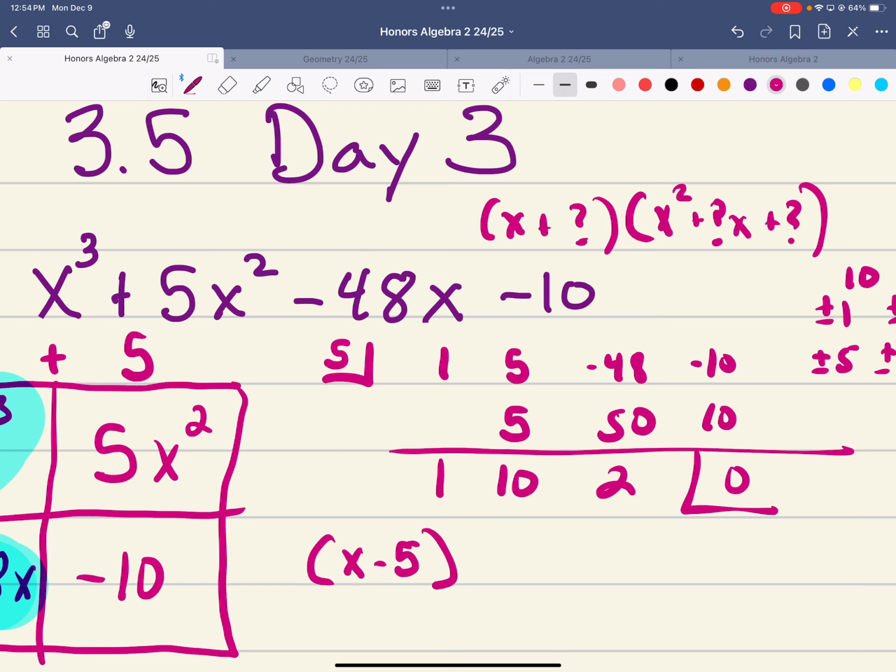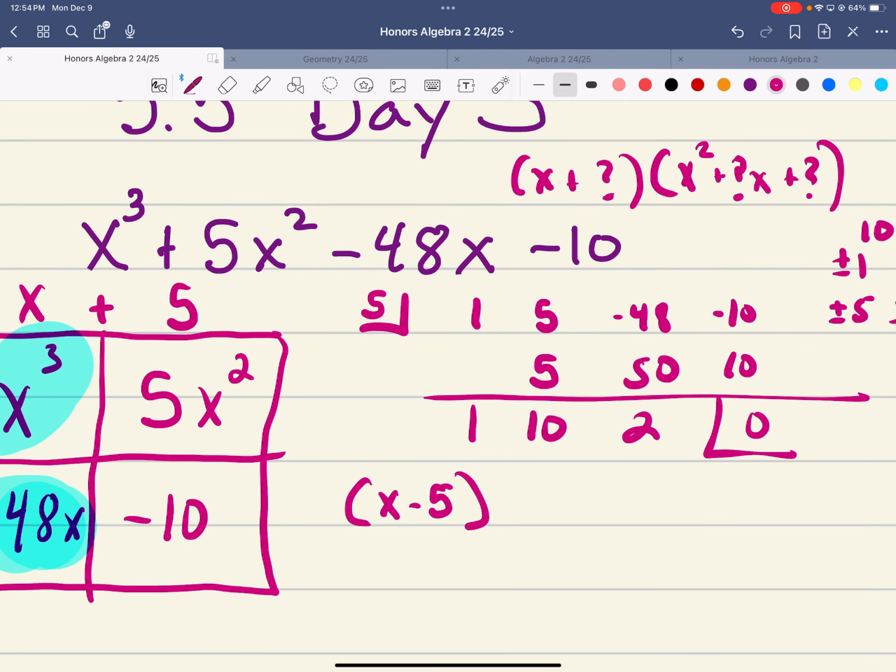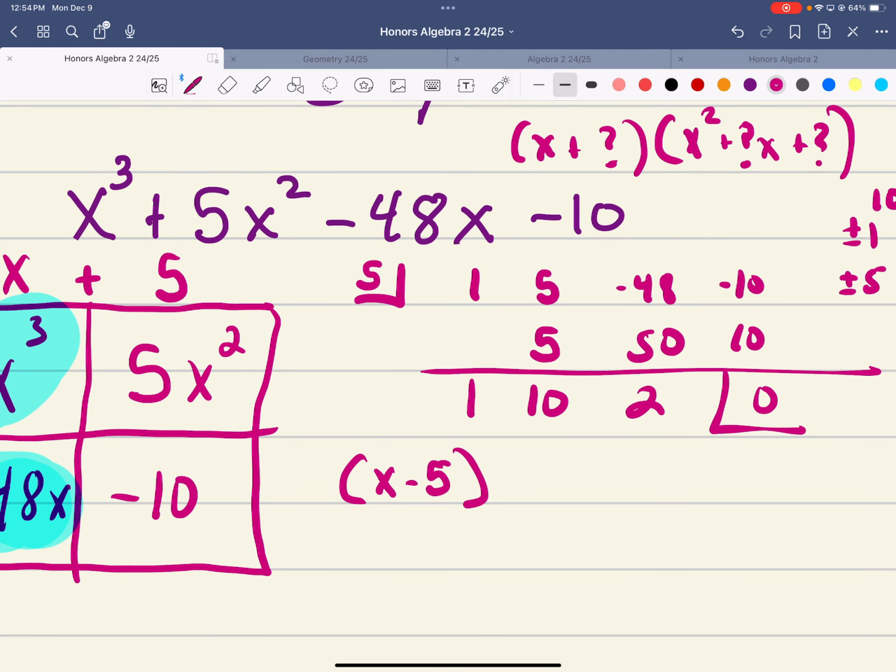That's one of the factors. That's probably why I put x minus 5 up there when I did it earlier. I know it has to possibly be one of those, but if we get that remainder of 0, then my other factor of this is x squared plus 10x plus 2.